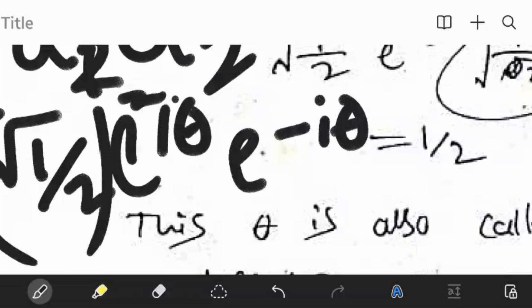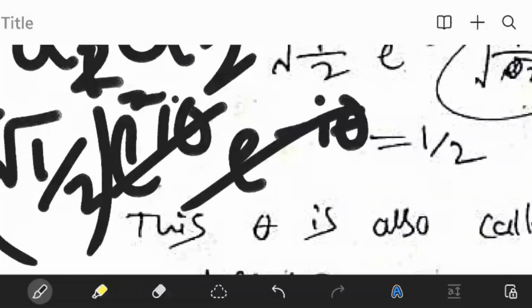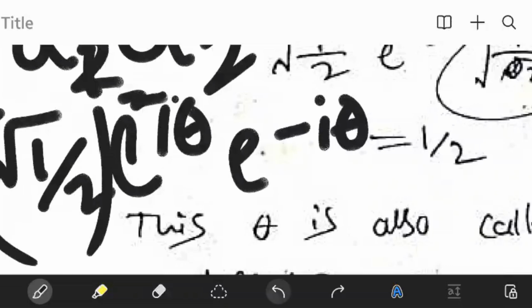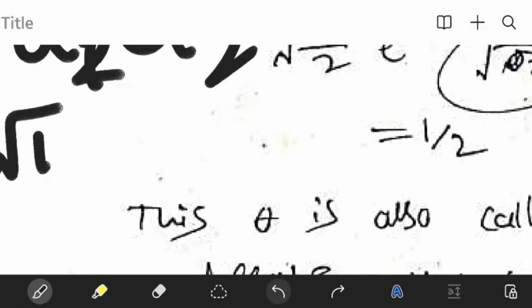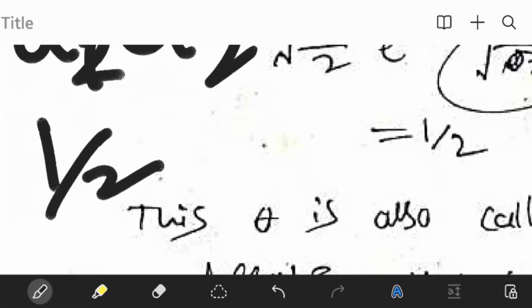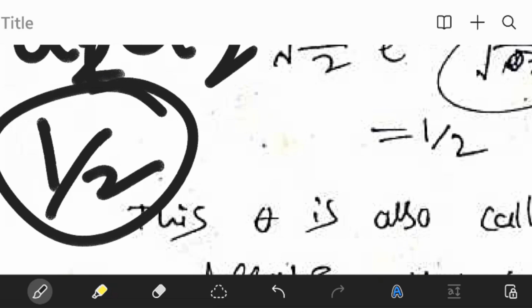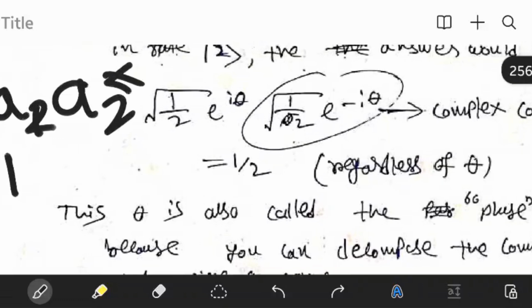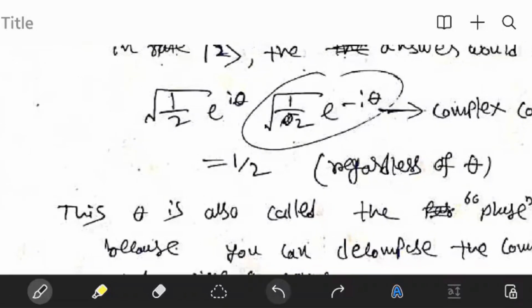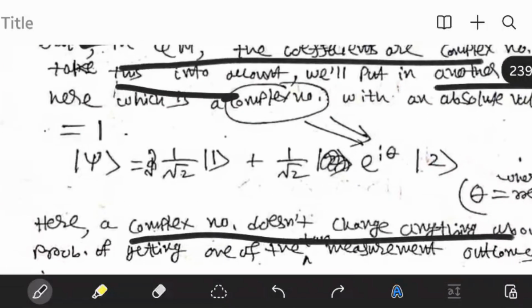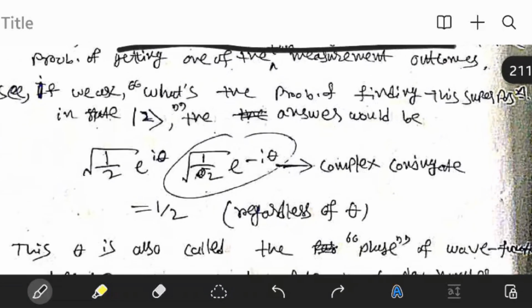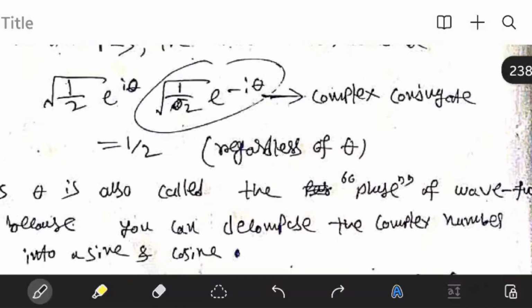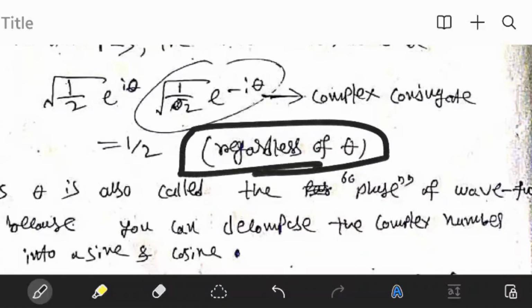So both these two terms will cancel each other out, and we will end up with half, the same probability as without considering the complex case. So the introduction of a complex number is absolutely fine. You can do that too for this one, but we don't do that for simplicity. And here the theta doesn't matter at all.